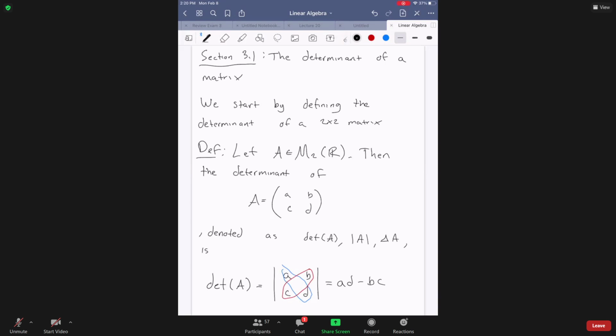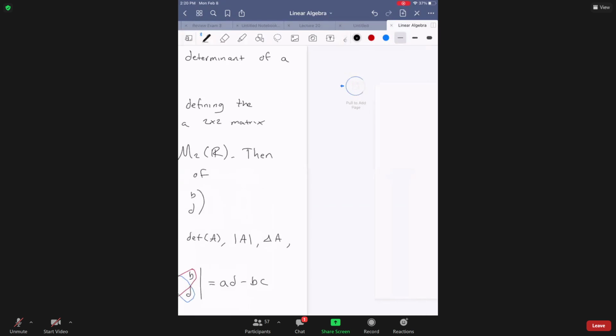Okay, but now let us discuss the next problem. How do I define a determinant of something bigger than a 2 by 2? Well, this is when we start talking about cofactors, expansions, and minors. First let's define two things.